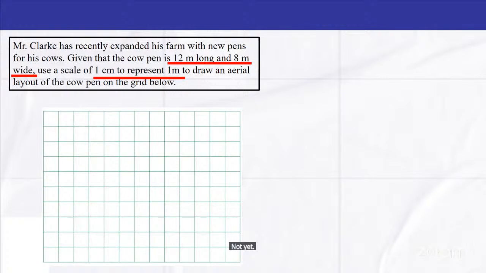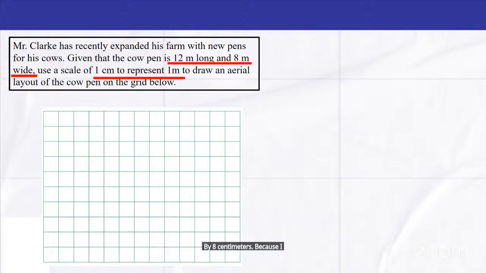All right, let's take into consideration, it says 1 centimeter to represent 1 meter. And the cow pen should be 12 meters long and 8 meters wide. So because I'm using the scale 1 centimeter to represent 1 meter, my rectangle or my diagram would be 12 centimeters by 8 centimeters.